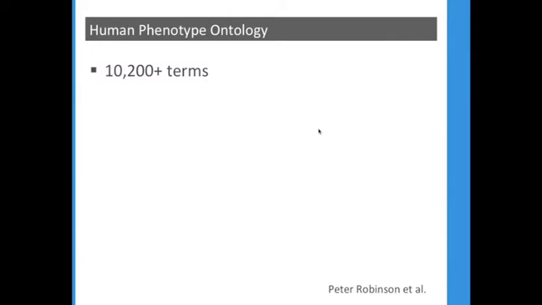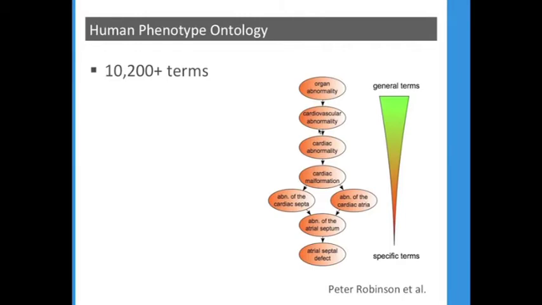In particular, we're using the Human Phenotype Ontology, which has over 10,000 terms organized from most general, like organ abnormality, cardiovascular abnormality, down to specific types of cardiac atria abnormality, and at the very bottom a very specific kind of phenotype, like an atrial septal defect.